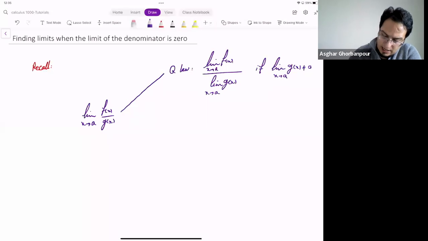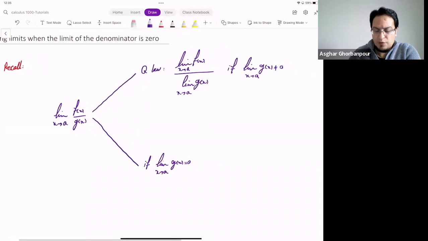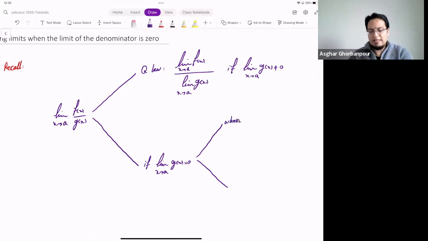Very nice. Now we go ahead and try to see what happens if the limit of the denominator is actually zero. For this case, there will be two different scenarios. When the limit of the denominator is zero, the first thing to say is that the quotient law cannot be applied. But then you need to check the numerator.